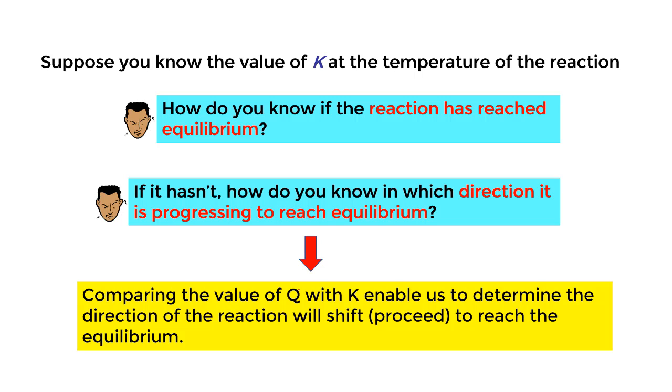Saya dah mention tadi. Because when you compare the value of Q with K, actually this enable us to determine the direction of the reaction. Okay? Maksudnya, comparing the value of Q with K enable us to determine the direction of the reaction. Will shift ataupun proceed to reach the equilibrium.